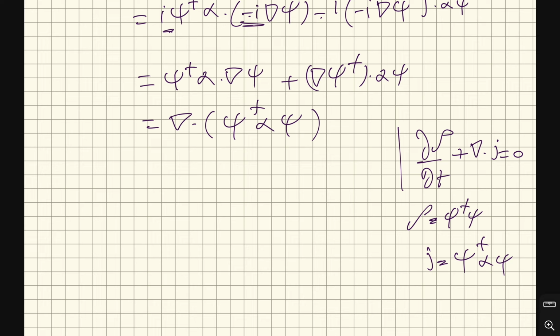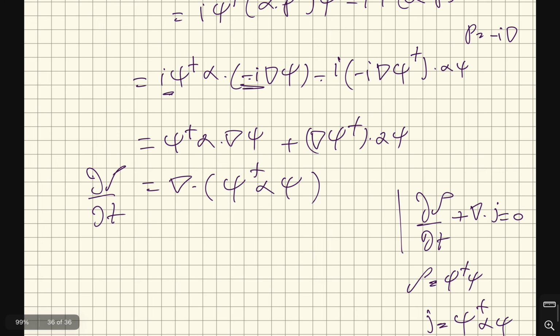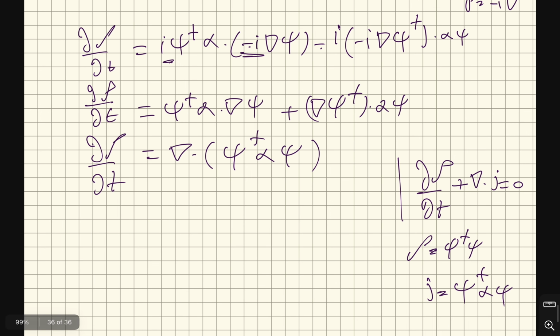So it's exactly the equation, because here we have partial rho over partial t, and the same here. It's the equation we have here.